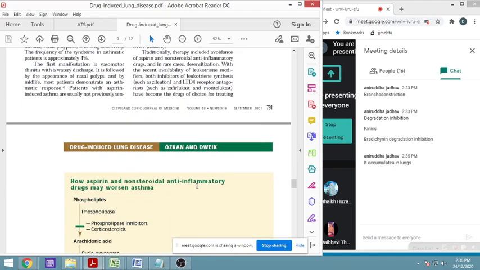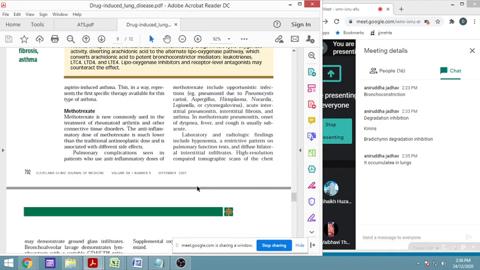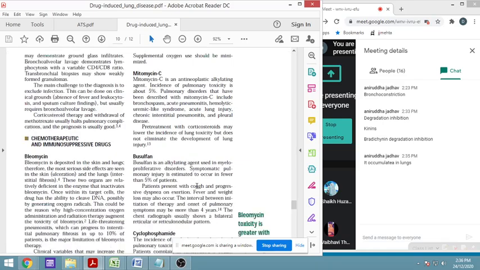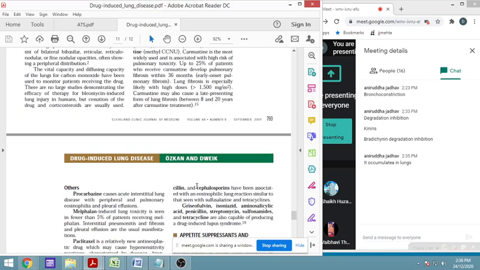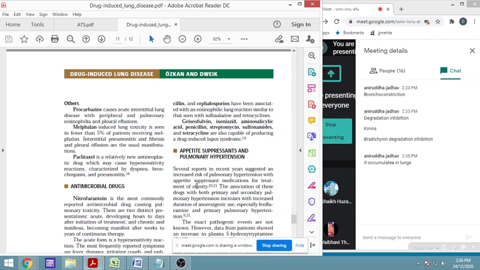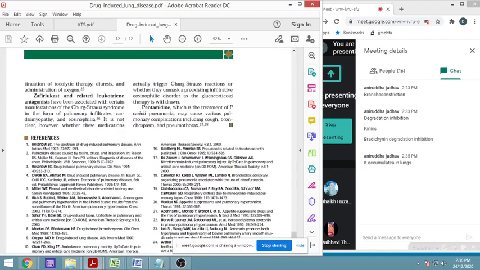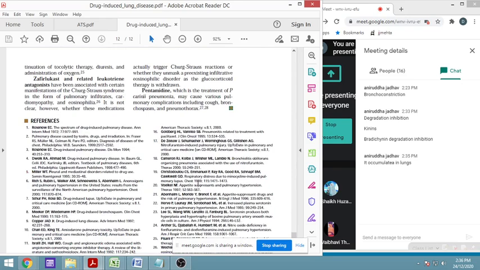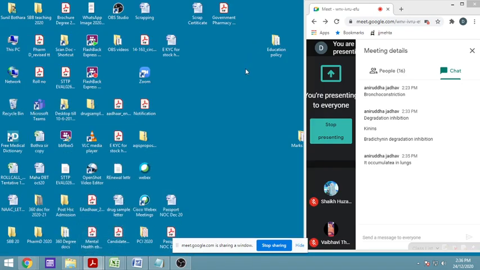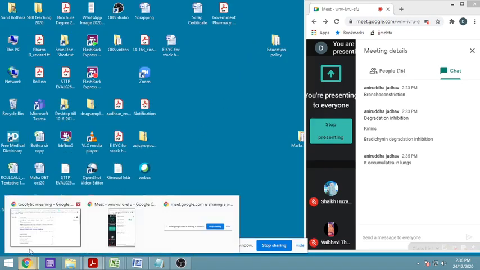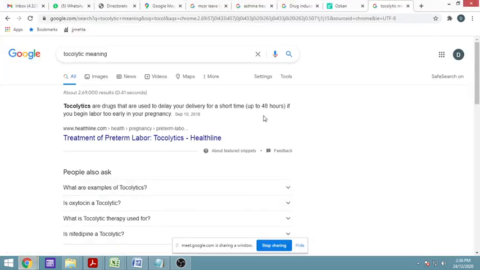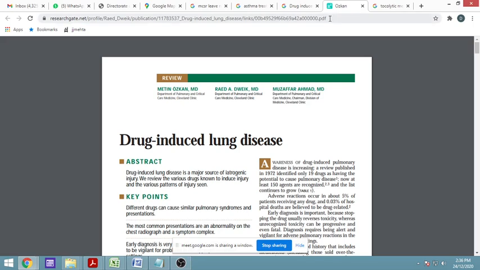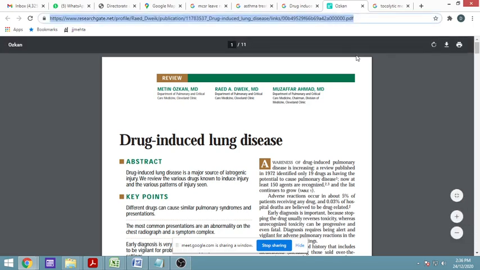So this is how various drugs act, and on that basis we can use them. I'll share these details sometime, and you go through this. If you have any difficulty, you can ask me how these drugs work.